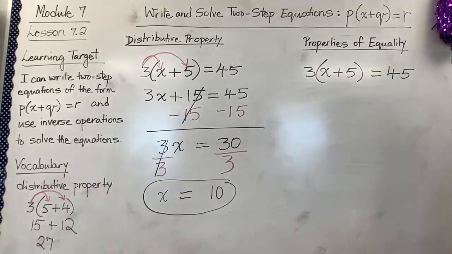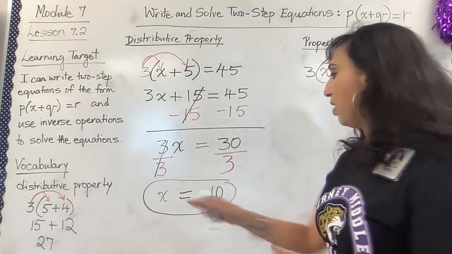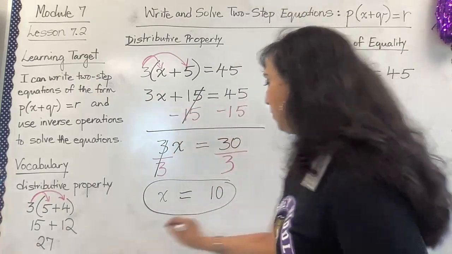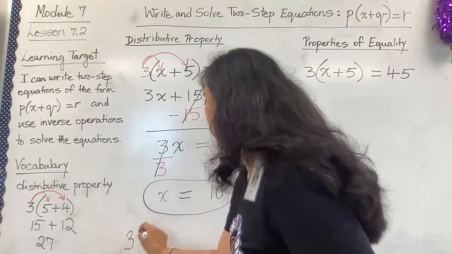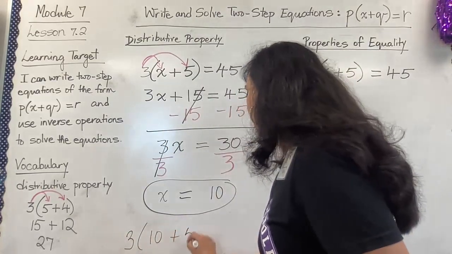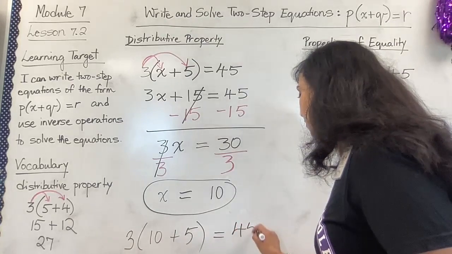Okay, and you can check the solution by substituting this value back. So if I'm saying x is equal to 10, all right, so this would be 3 times (10 plus 5) is equal to 45.